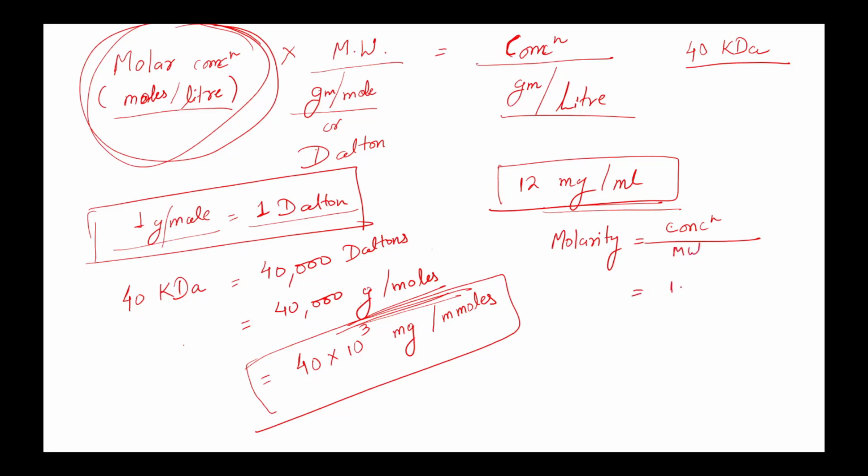The concentration is 12 mg per ml, and the molecular weight is 40 into 10 to the power 3 mg per millimole.